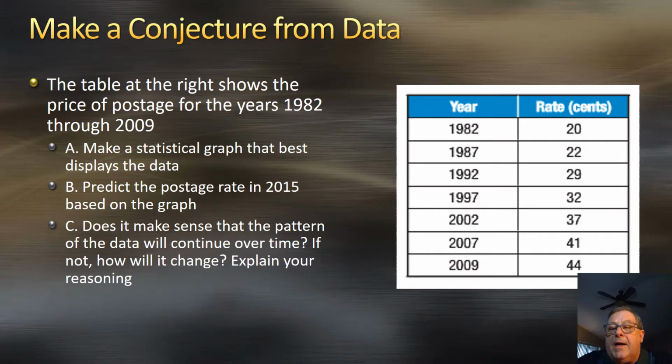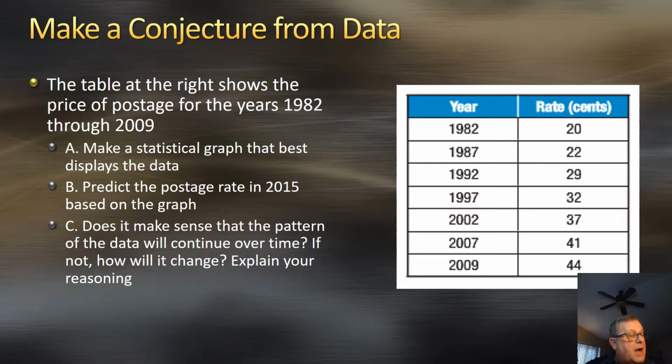We're looking for those patterns, and then we're applying that pattern to make a conclusion that we call a conjecture. The conjecture is based upon inductive reasoning from the pattern that we see.